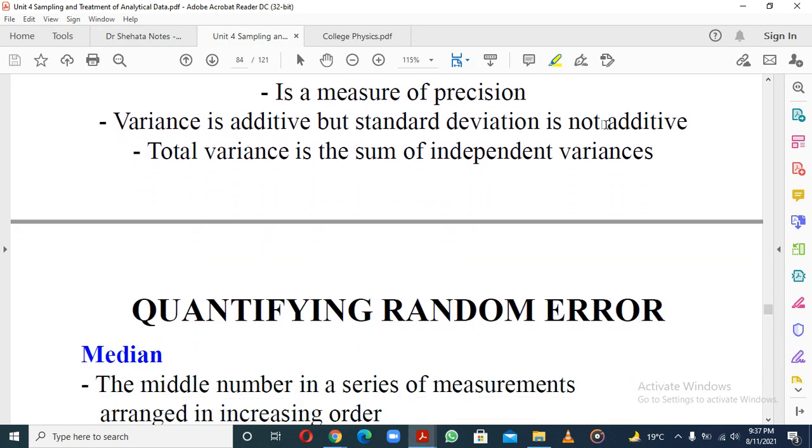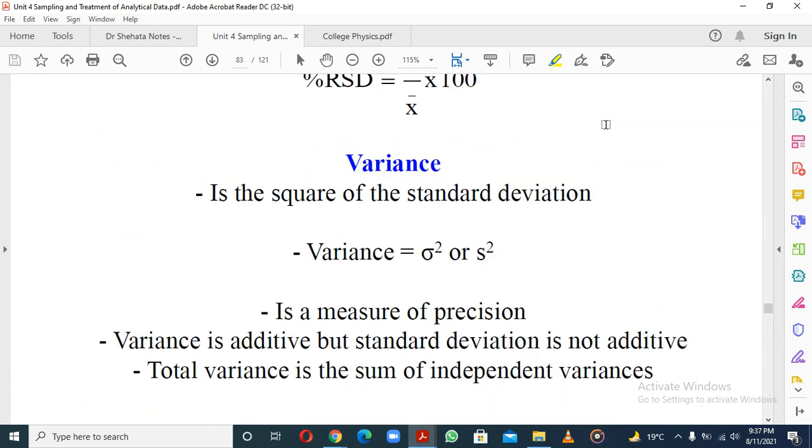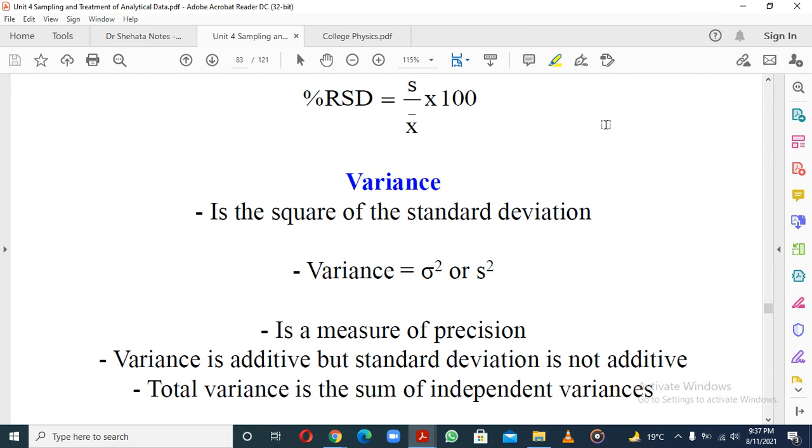One thing to take note of is that the variance is additive, but standard deviation is not additive. So for the variance, if you've got an error, the variances are going to be additive, but standard deviation stands alone.